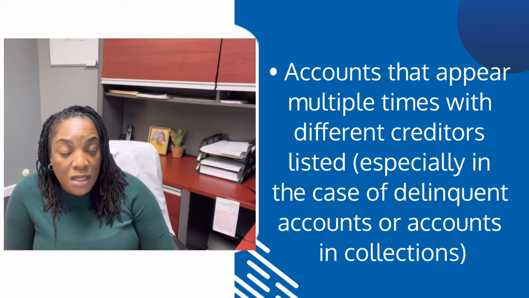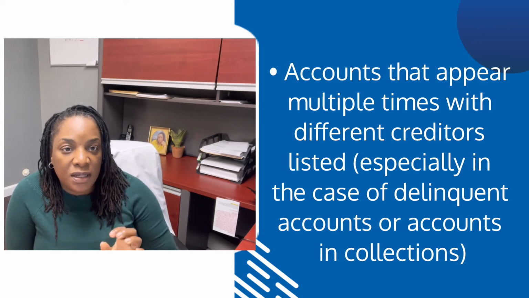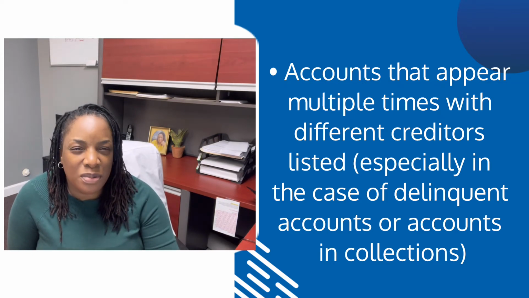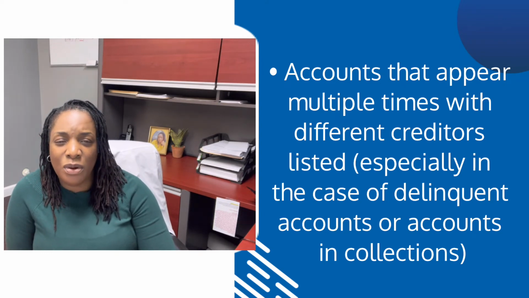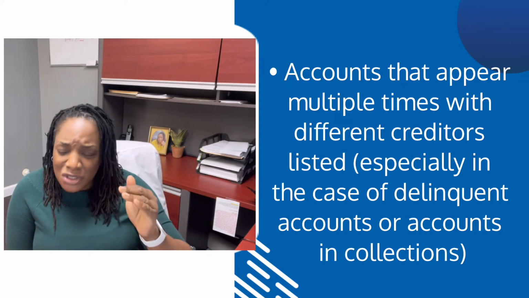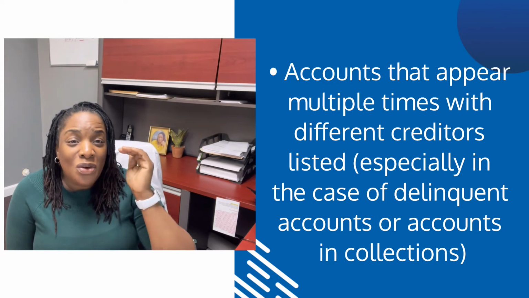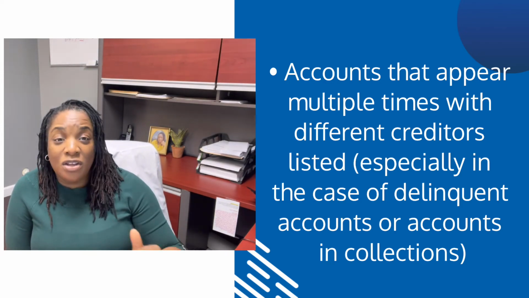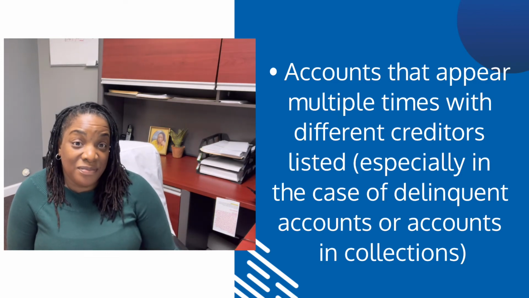Sometimes it infuriates me, because have you ever looked on your credit report? I'm sure there are some people out here who have. You know you have collections, but you see the same $63 collection on your credit report like 8 times.